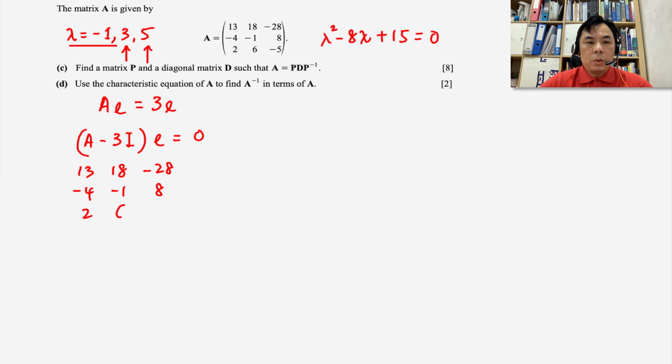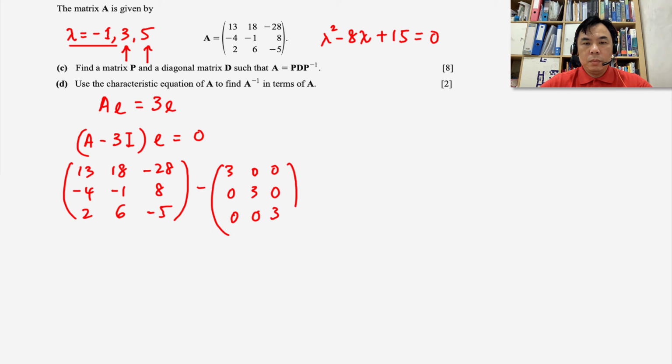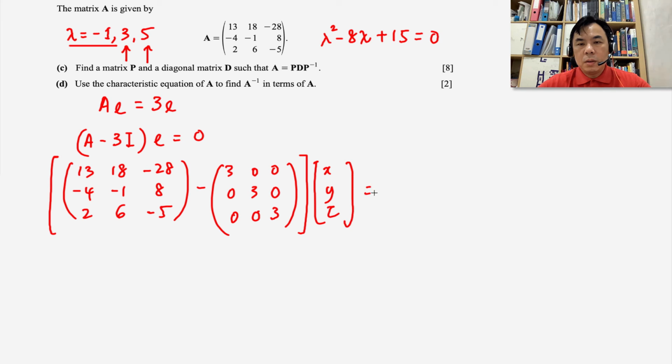And then we have 2, 6, negative 5. And then subtract off with 3, 0, 0. Okay, so that's what we have currently. We do have e as the x, y, z in this case, equal to 0, 0, 0. That's how it actually looks like.